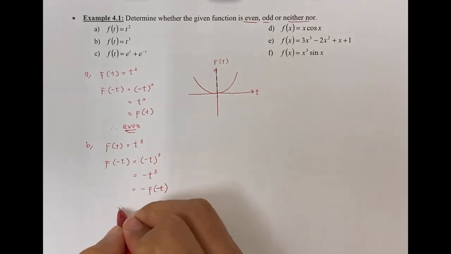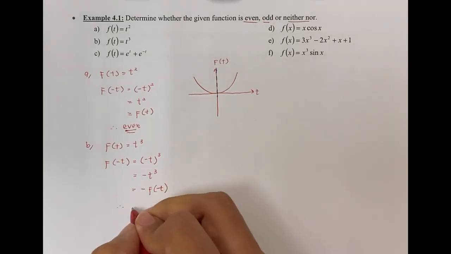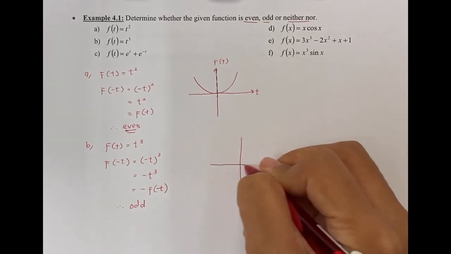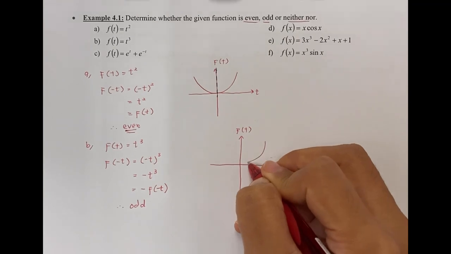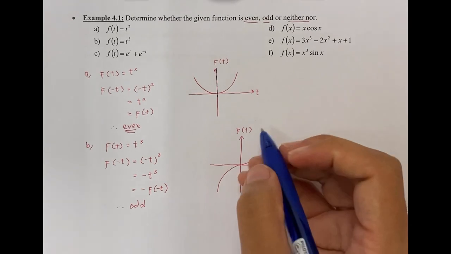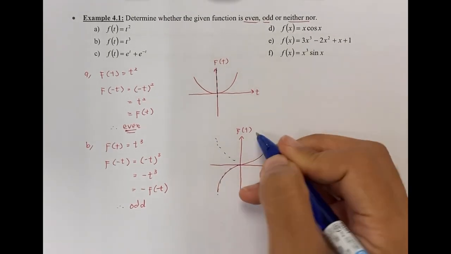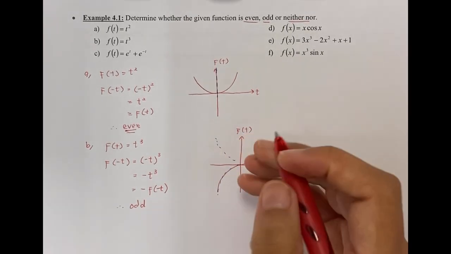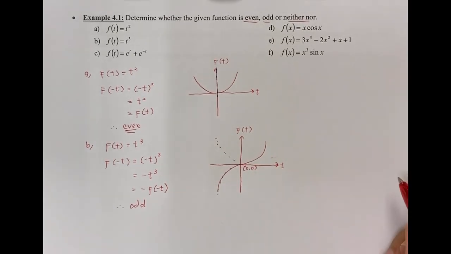Okay, so for f(negative t) equal to negative f(t), it is an odd function. And if you refer to the graph, the cubic, okay, you have this kind of graph. This is your t. So if you see here, it reflects on the y-axis first, and then reflects on the x-axis. So it is symmetric about the origin. So it is an odd function.